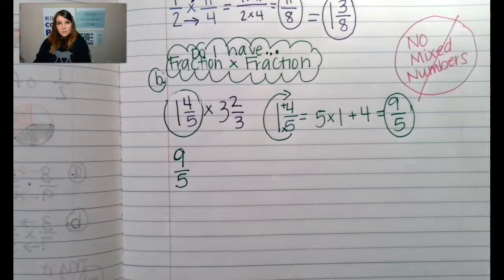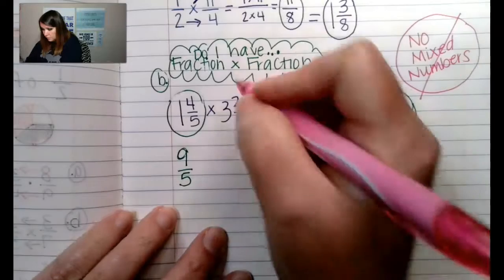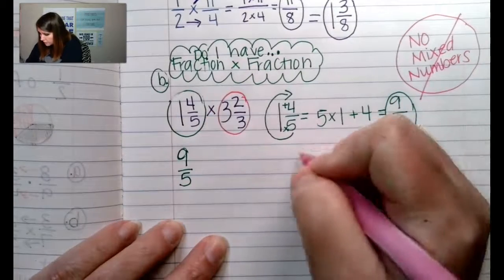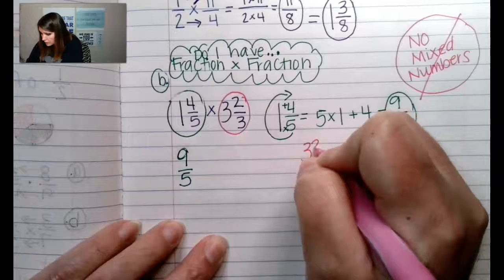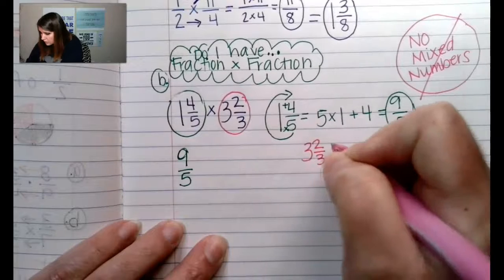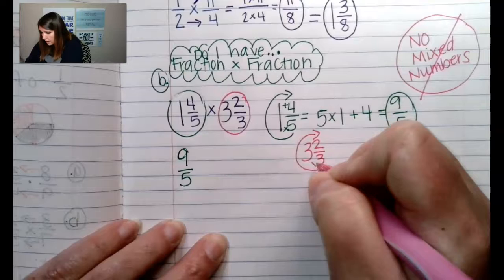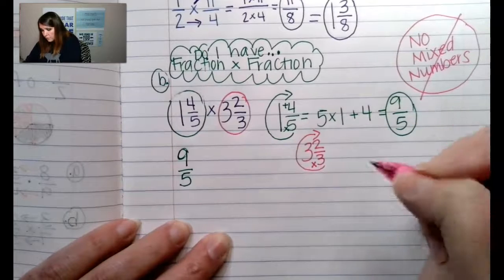Okay, I'm going to do my next one. I'll do this one in pink. 3 2/3. Okay, so ready? 3 2/3. Again, make that C because we're converting. Around in a circle. Down on the bottom, multiply.